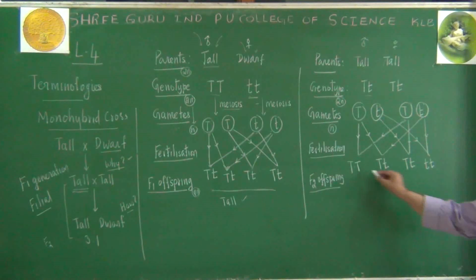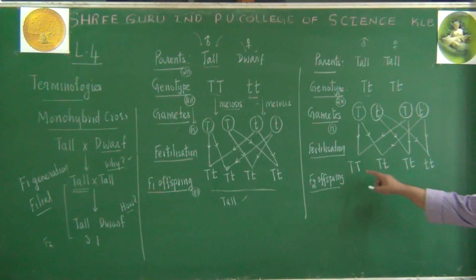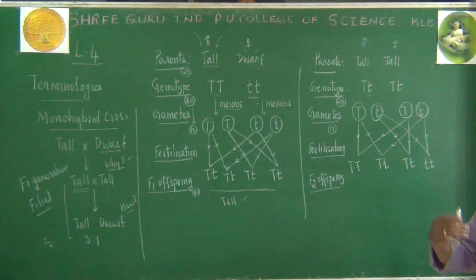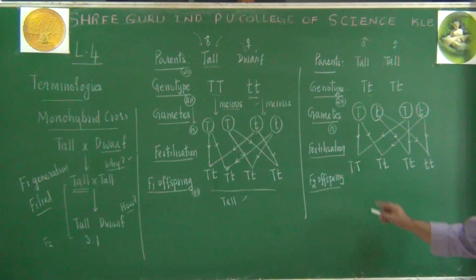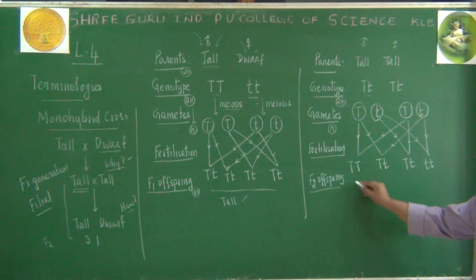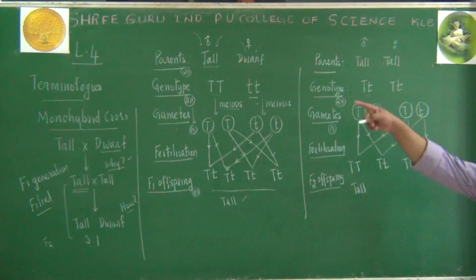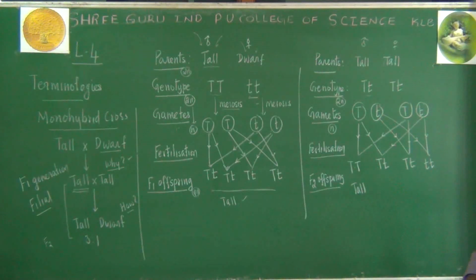But we wrote only about their genetic makeup, not how they will appear phenotypically. What is the second generation offspring morphologically? Please listen. When they have capital T, this will become a tall individual only, because we know that capital T is for tallness.